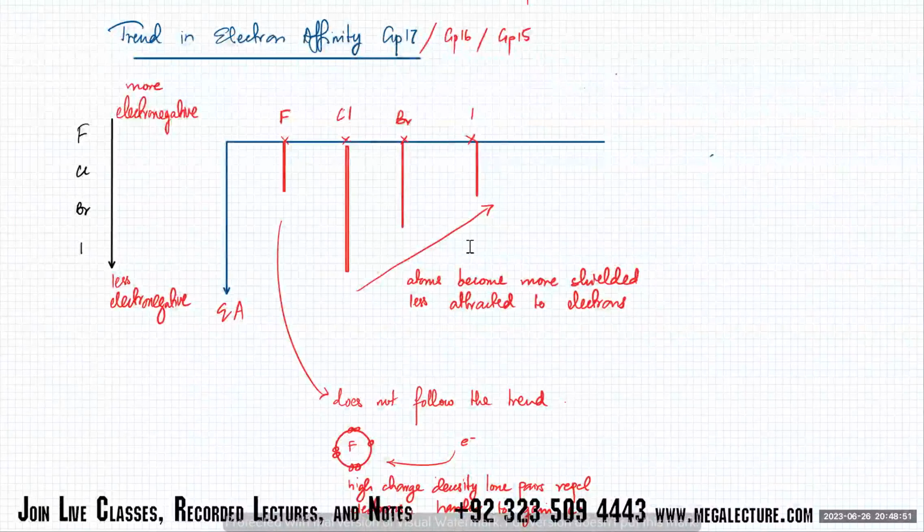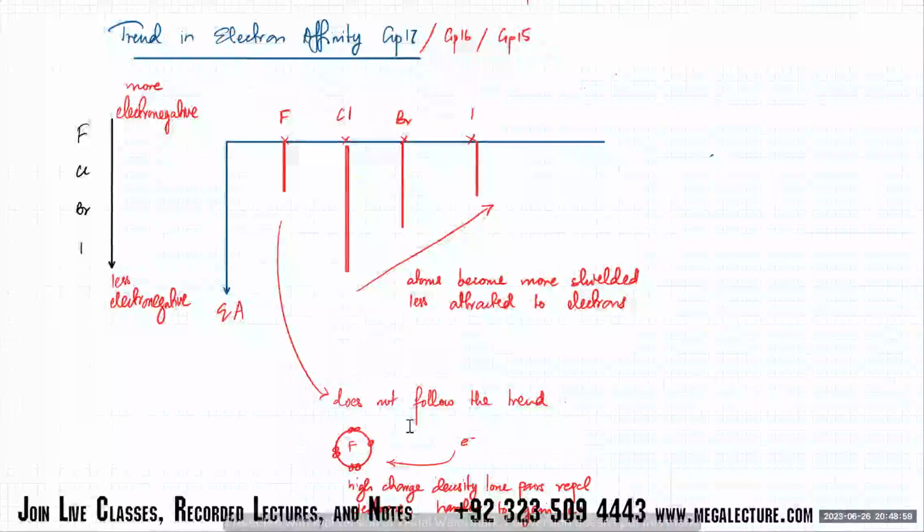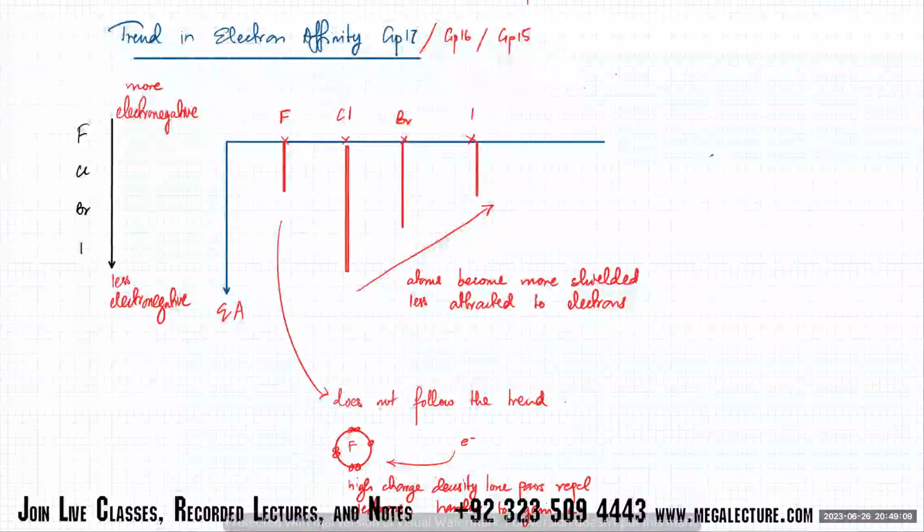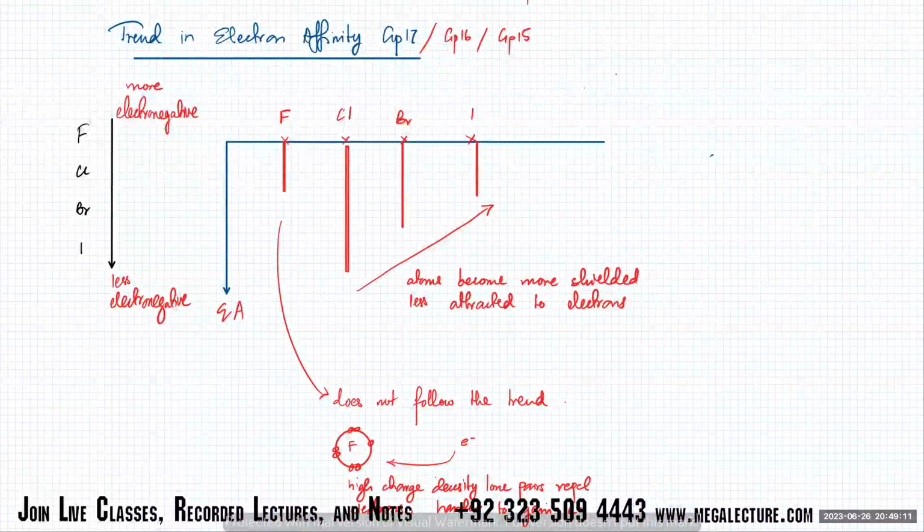That was just an exception, only true for this one. Otherwise, the repulsion from the electron is not really that big an issue. It only applies to fluorine because it's got too many lone pairs.